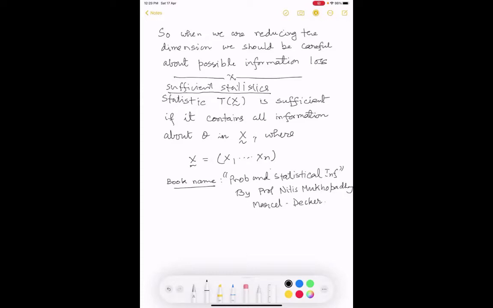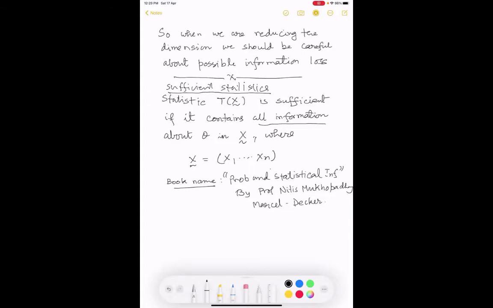So he comes from the concept called information. Because if you look into the generic concept, it says that it contains all information. So first we have to understand what Fisher tried to mean by information.